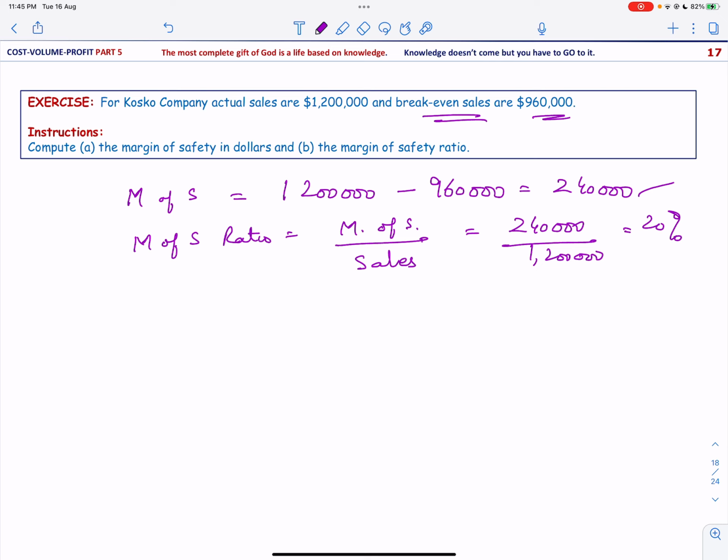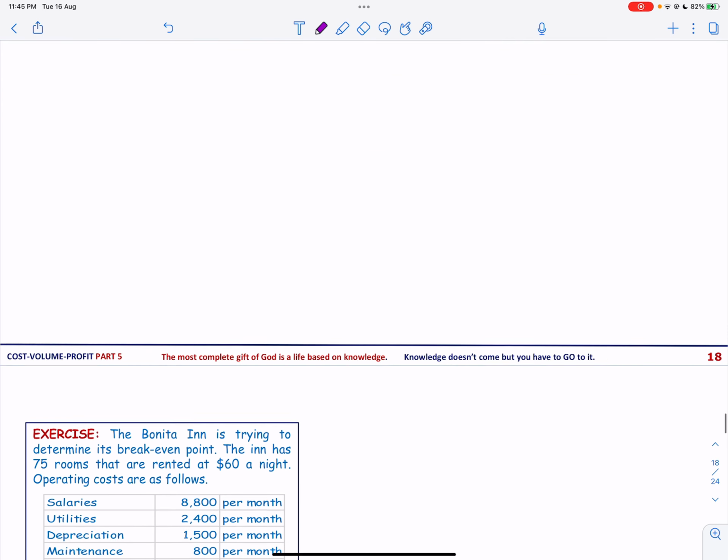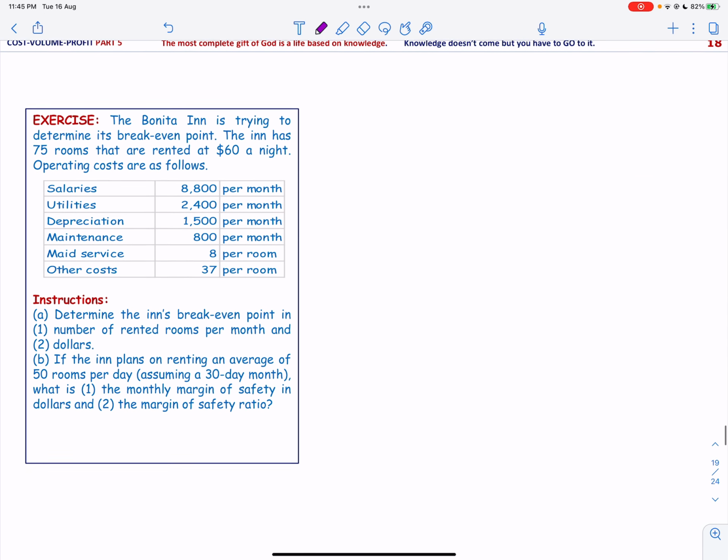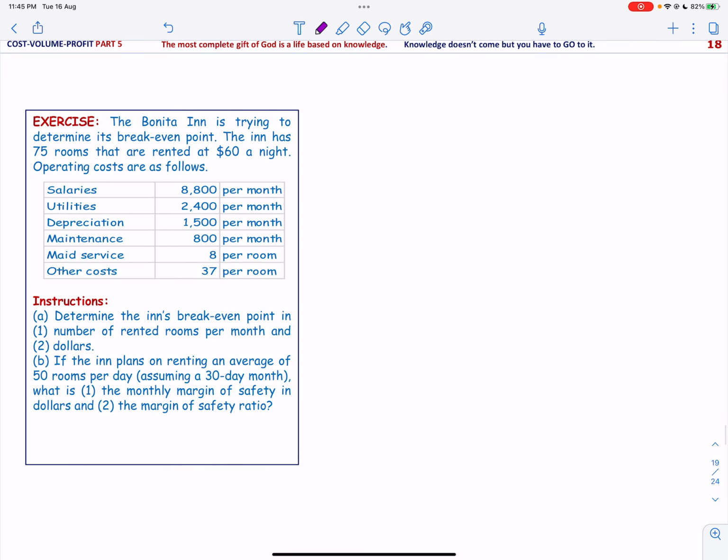Let us compute break-even point and margin of safety again. And here we have the Bonita Inn is trying to determine its break-even point. The inn has 75 rooms that are rented at 60 a night. These are the operating costs.